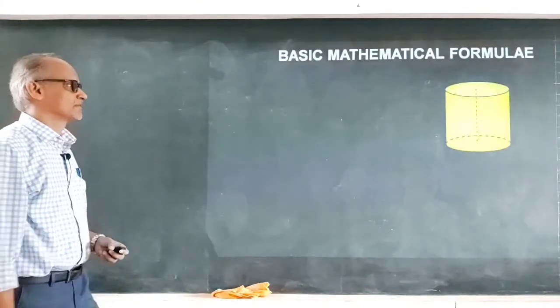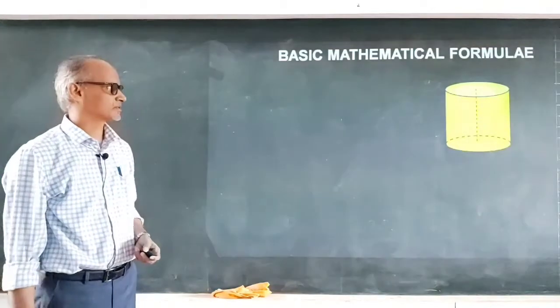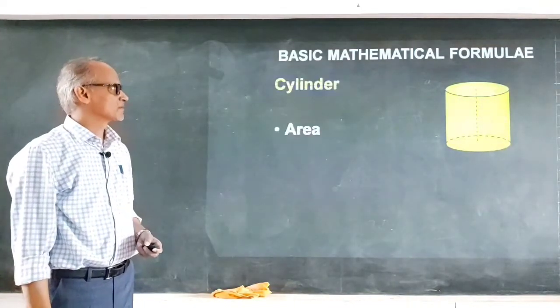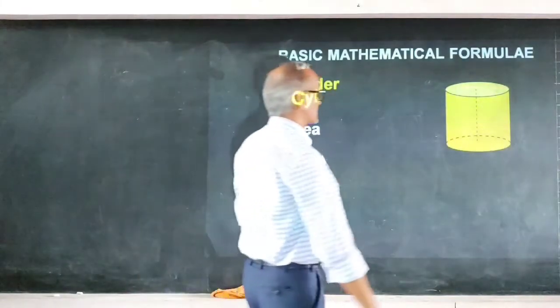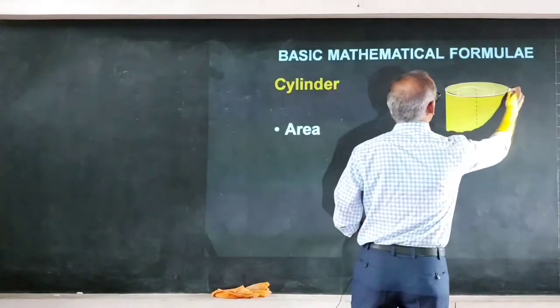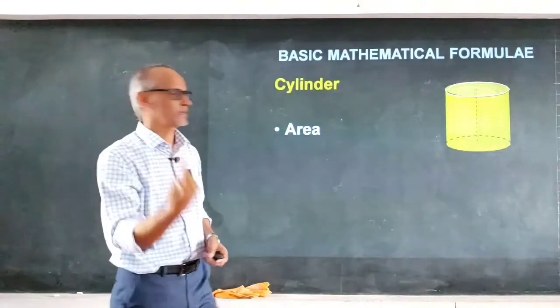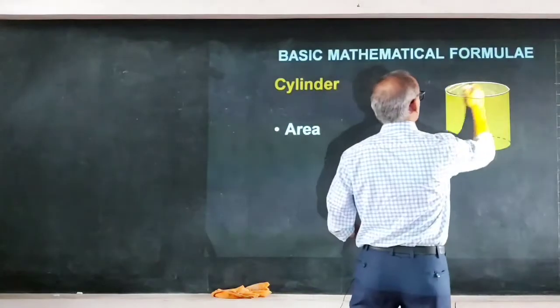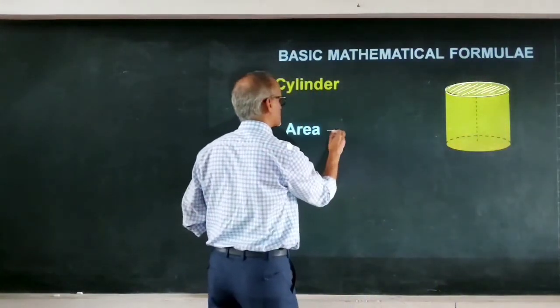So we have another structure which is a cylindrical structure. So what is the area of the cylinder? If you see only this portion of the cylinder, that's a circle, right? See, this portion is a circle. So what is the area of that circle?